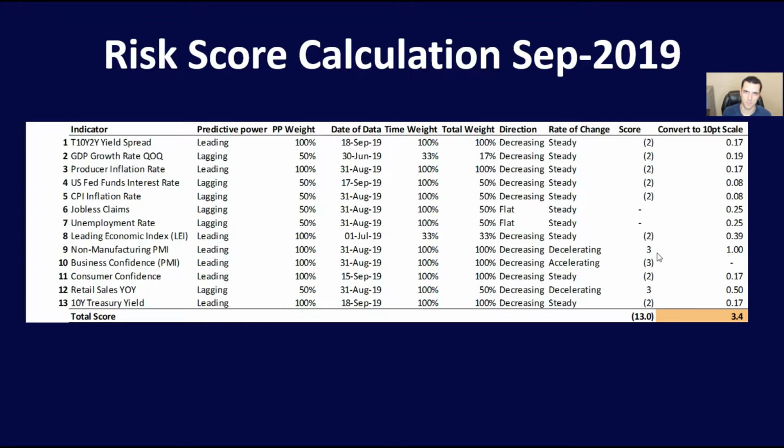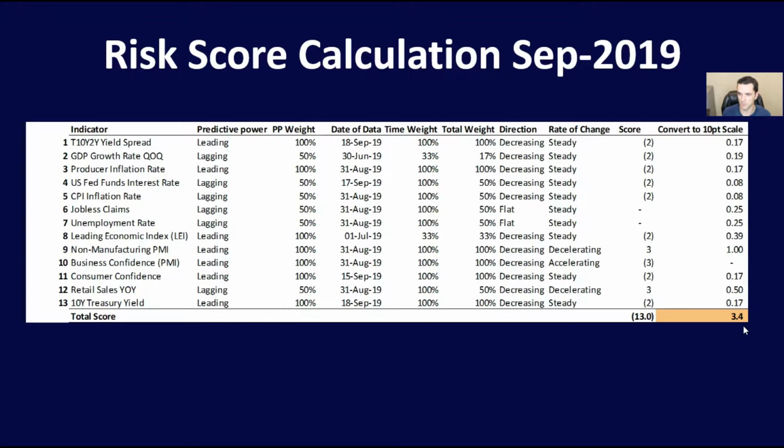My scoring system has a maximum of +3 and a minimum of -3, based on how all of the weightings flow out. Basically that leaves me with a maximum of +30 and a minimum of -30. I then convert that to a 10-point scale, just so I understand it on a basic scale of 1 to 10, and that's where I get my actual risk score.